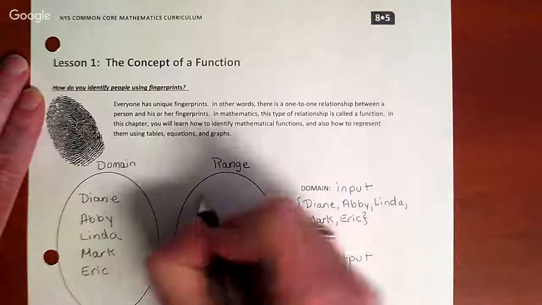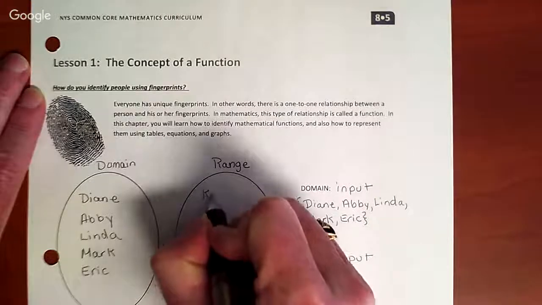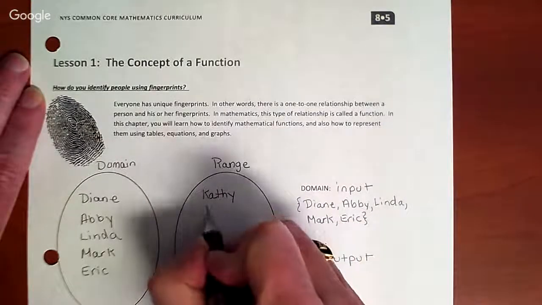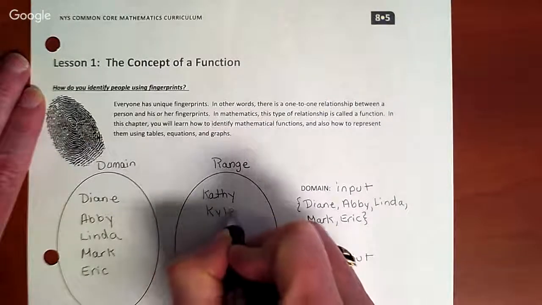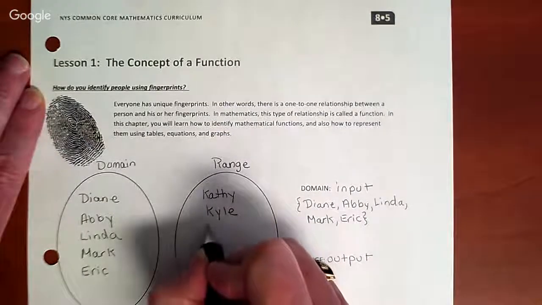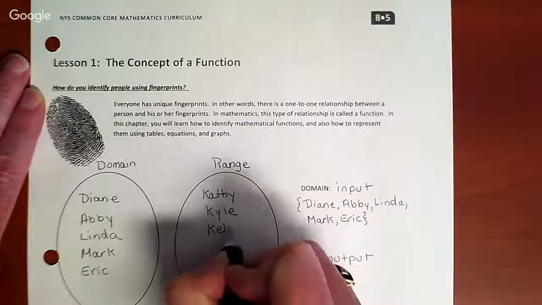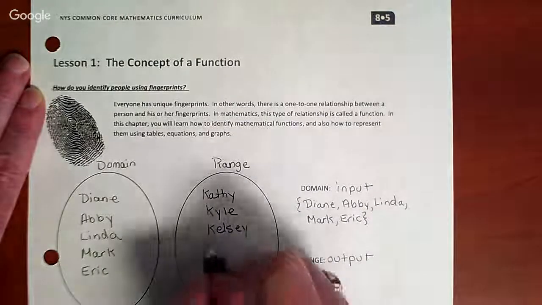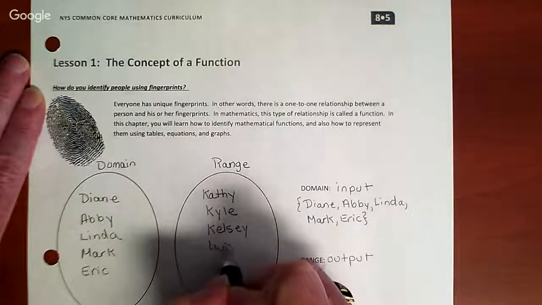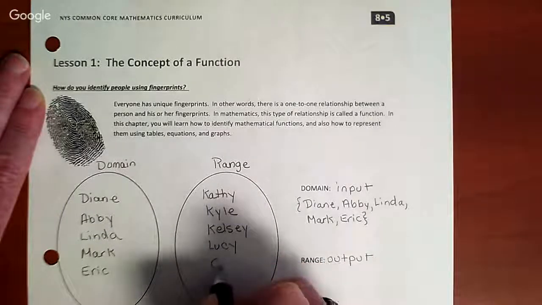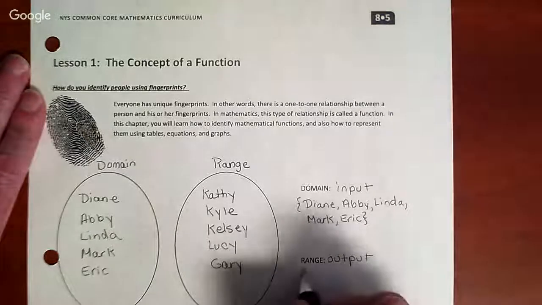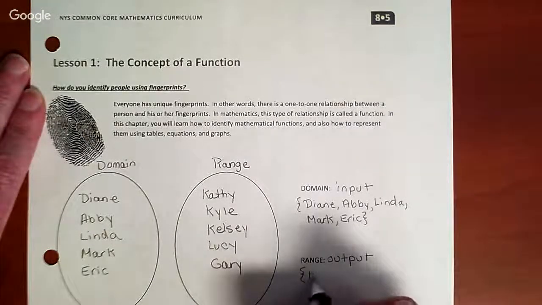So our range would be, say, names like Kathy, Kyle, Kelsey, Lucy, and Gary. And we would write those like this.